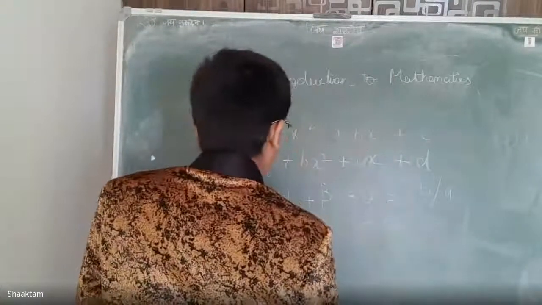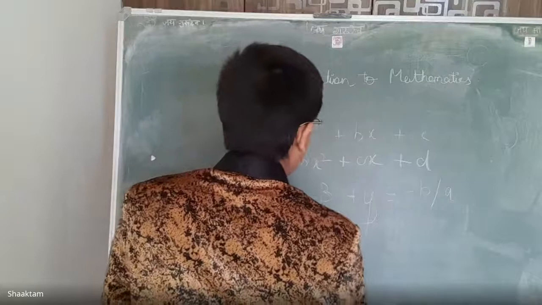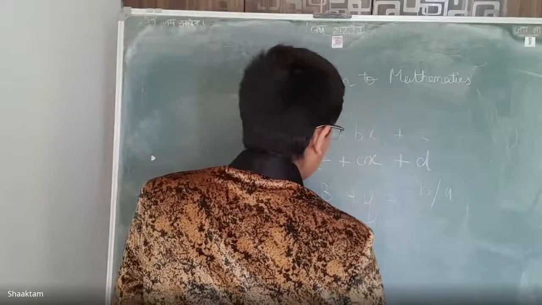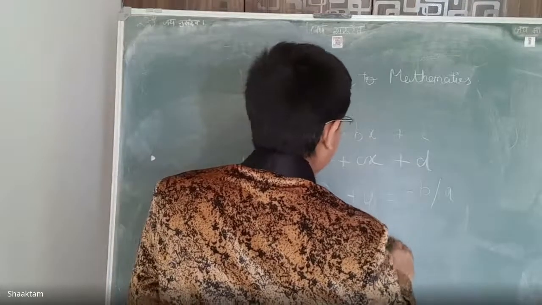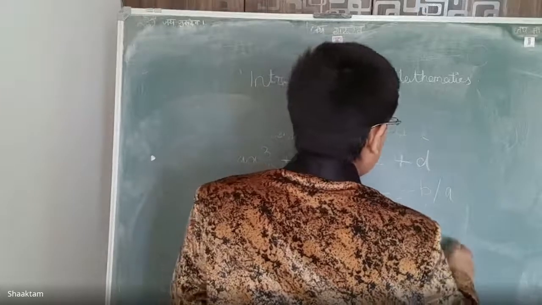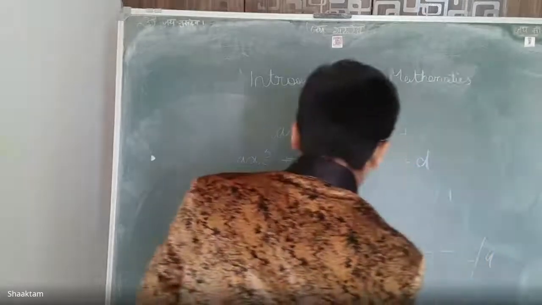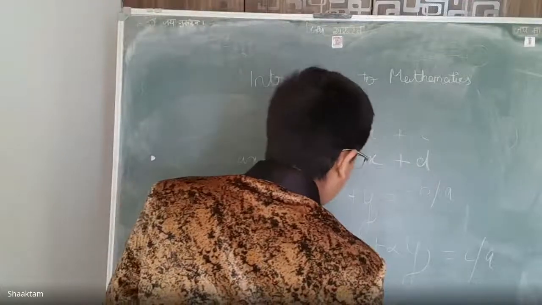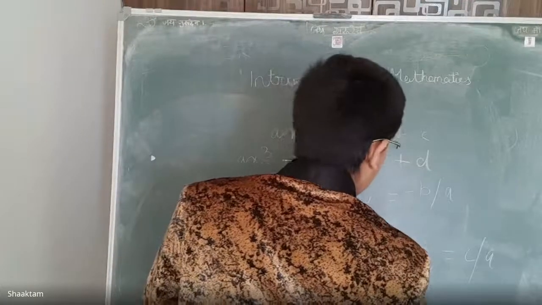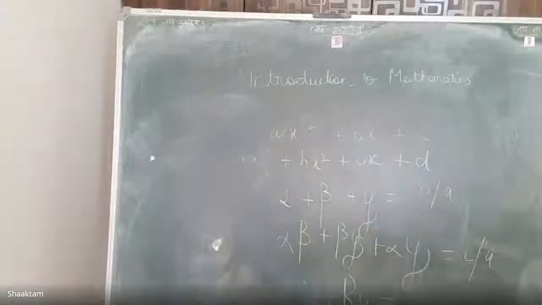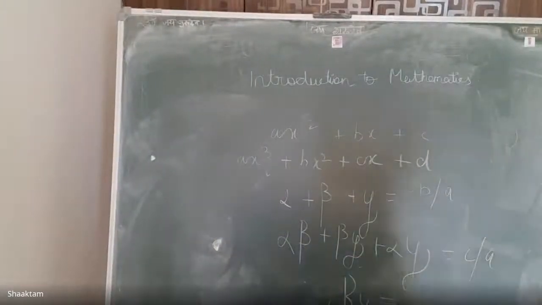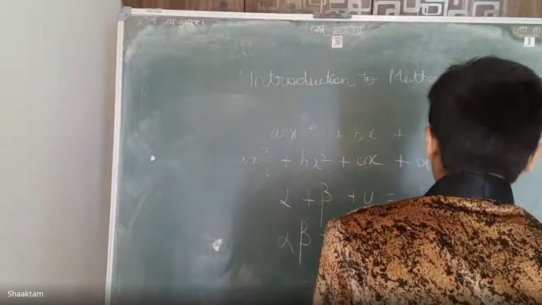Then alpha into beta plus beta into gamma plus alpha into gamma will be c by a, and alpha into beta into gamma will be minus d by a.